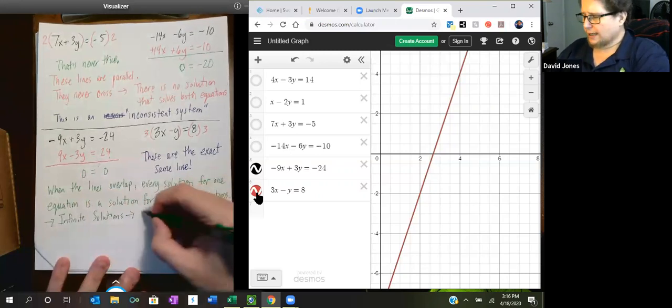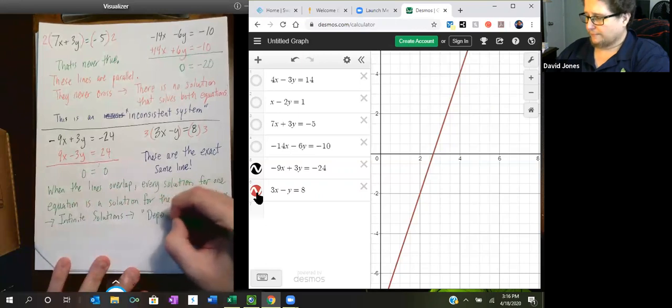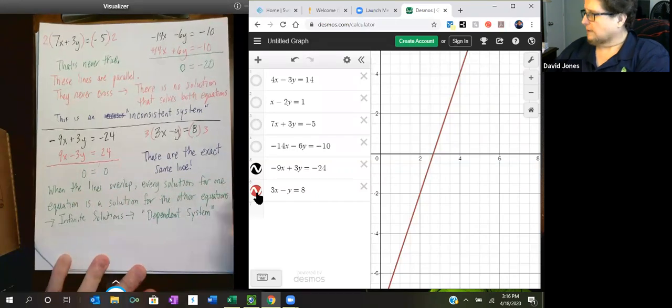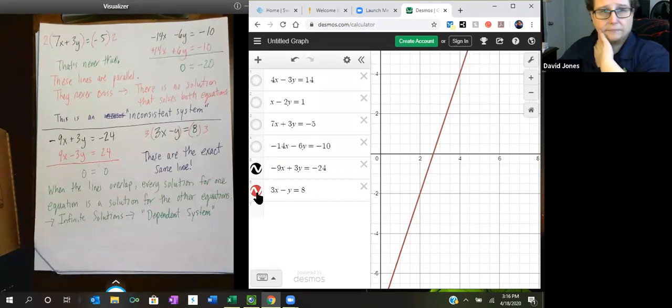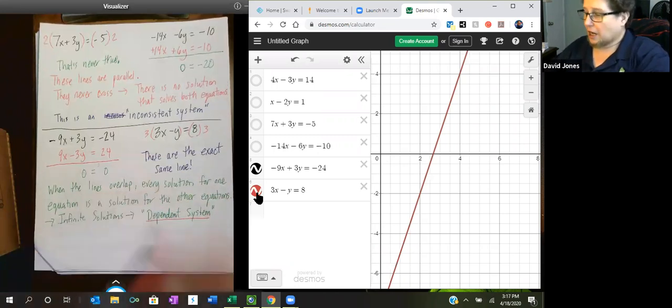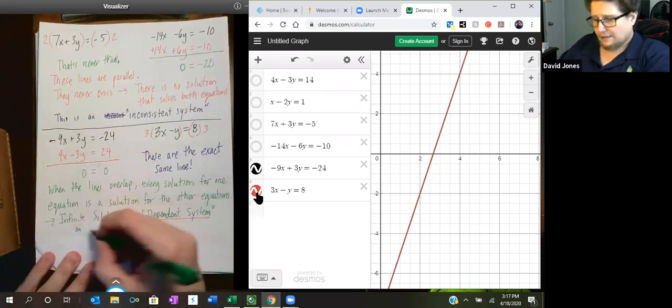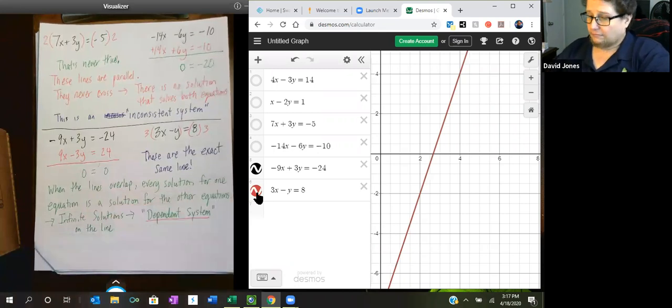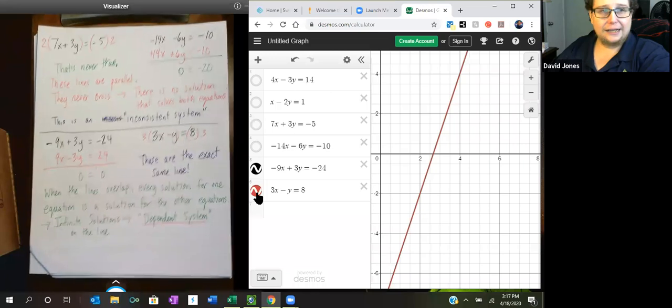And they call this a dependent system. That's the technical jargon for that one. For me, infinite solutions on the line is a good answer. No solutions for this one up here is a good answer.